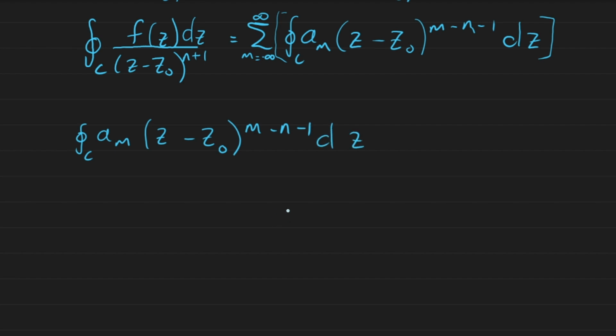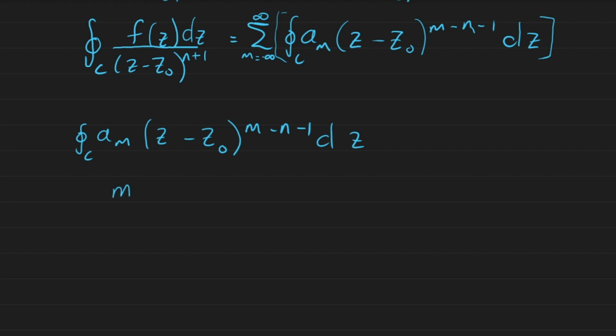So the result of this integral is something very important in complex analysis. We have to consider two scenarios. The first scenario is where this index m minus n minus 1 is equal to minus 1.